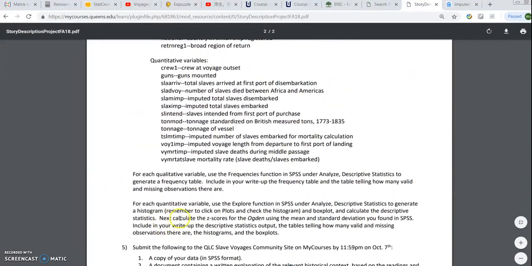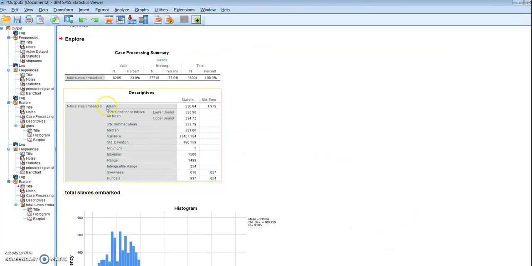The question asks us to calculate the z-score for the Ogden using the mean and standard deviation you found in SPSS. So if you have reached this output page, you can get the mean 330.84 and standard deviation 180.159. By the way, the standard deviation here is really big compared to the mean. That means your data are quite widely spread out.